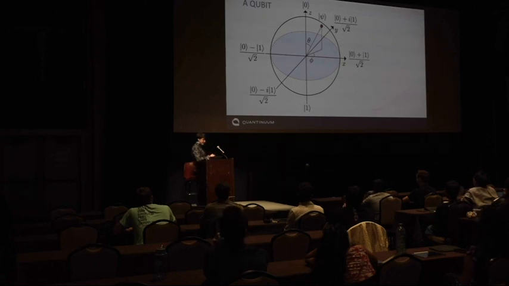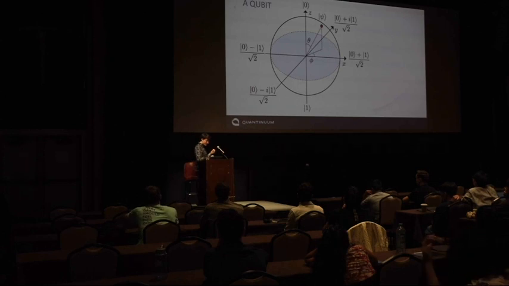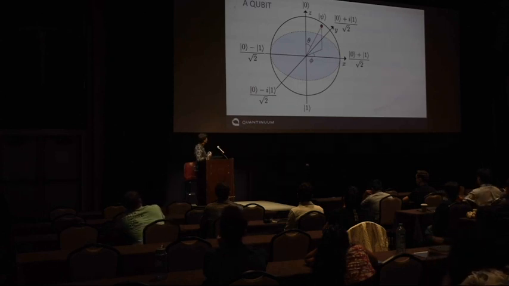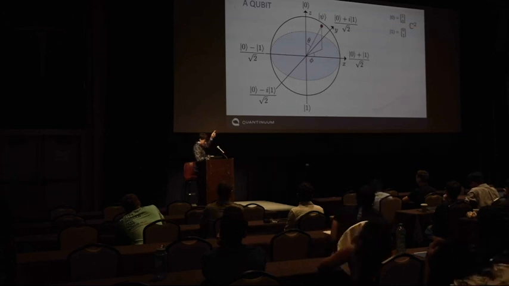I apologize if you've seen this before, but essentially a qubit can be represented as this Bloch sphere. It can be thought of as a complex vector space where your 0 vector is on the north pole and the 1 vector is on the south pole.